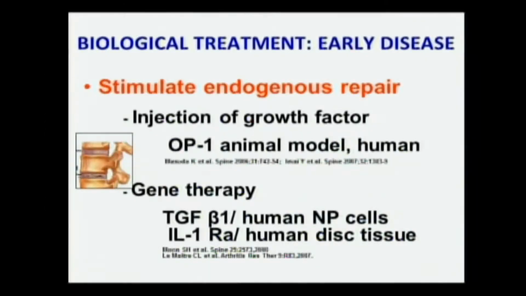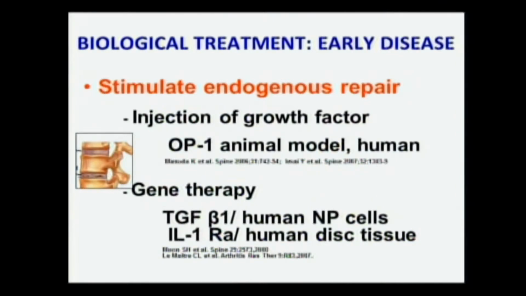From a biological point of view, the cells are there. What we need to do is stimulate those cells to replace the matrix molecules that have been lost. There have been a number of approaches developed: growth factors, as you've heard, gene therapy. These are all different ways that we can stimulate these cells to make the right matrix.